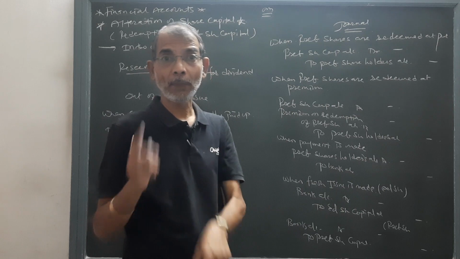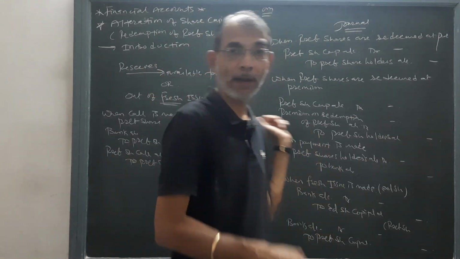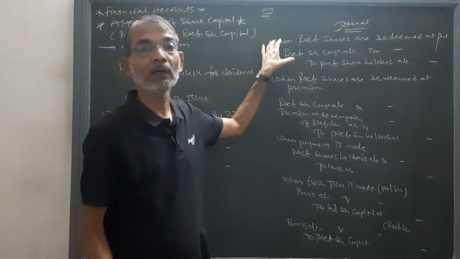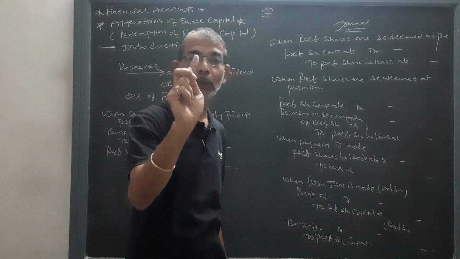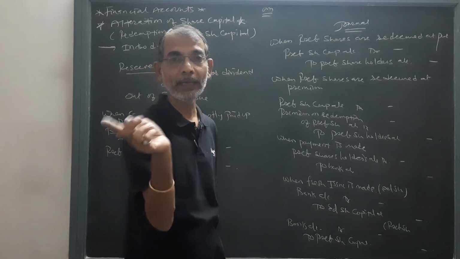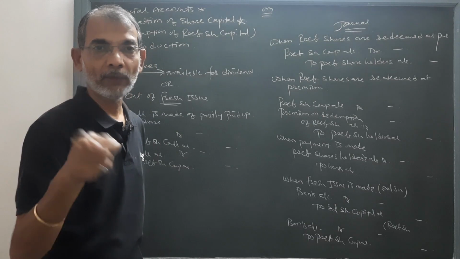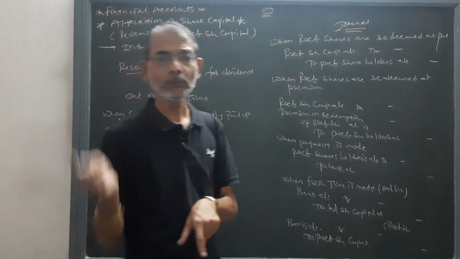If preference shares are partly paid up, then first the call is made, and only after that can the company redeem the preference share capital, otherwise the company cannot redeem the preference share capital.